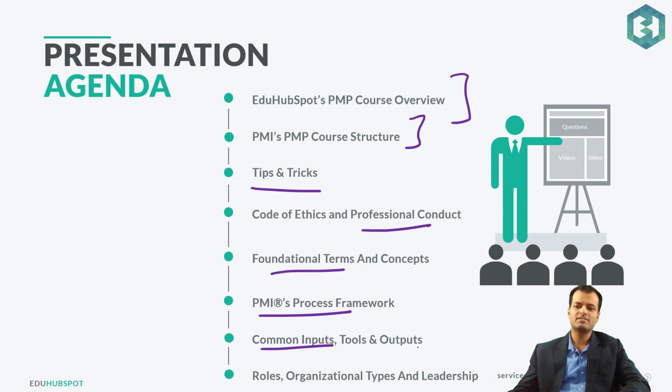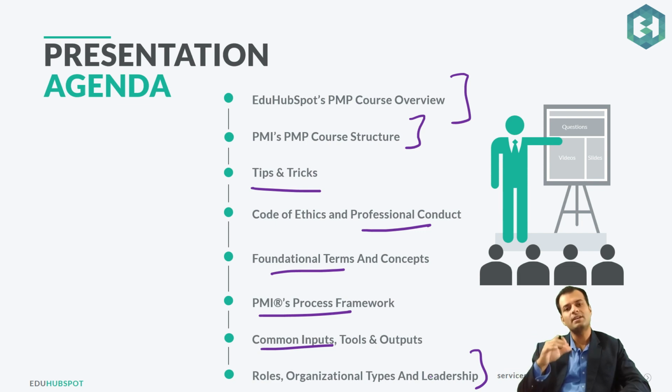Then after we discuss the common inputs, tools and outputs, we will move to the next, which is your roles, organizational types and leadership. So this is the entire content for this introduction slide, where I'm assuming we will have around 3 to 4 or 4 to 5 videos under this section.